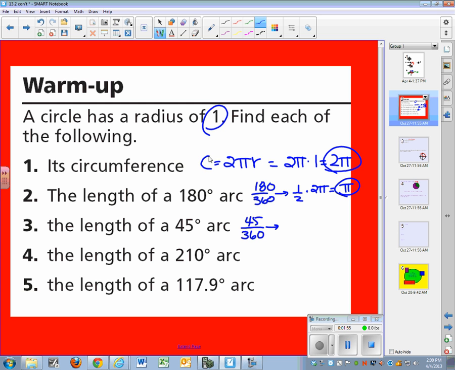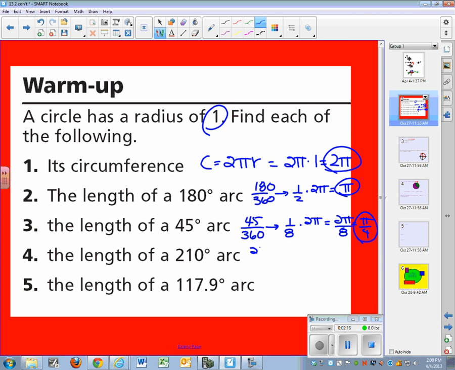Yep. And so we have 1/8 of 2 pi, which is 2 pi over 8, simplifies to pi over 4, just like Maggie said. Okay, do you see pi over 4 at 45 degrees? Yeah. Okay, 45 degrees is pi over 4 radians.